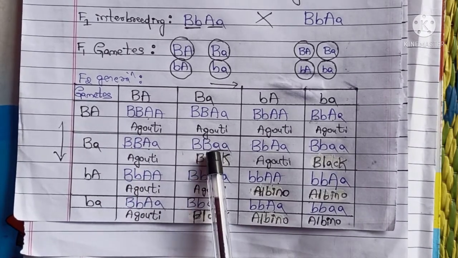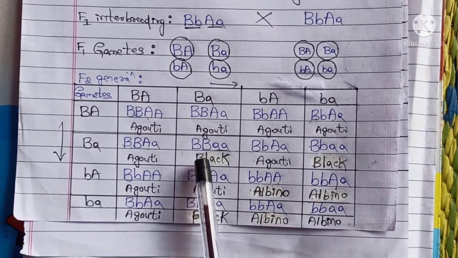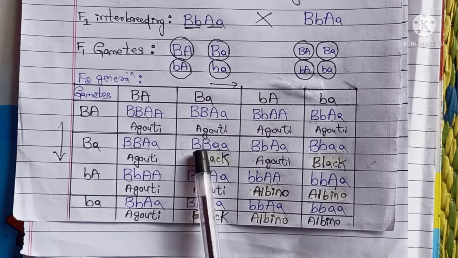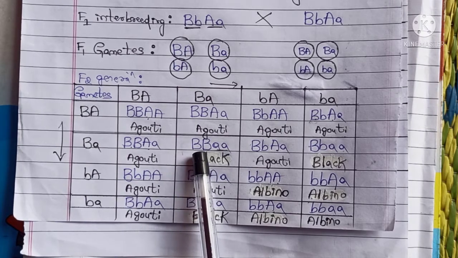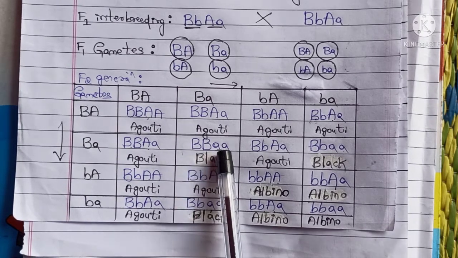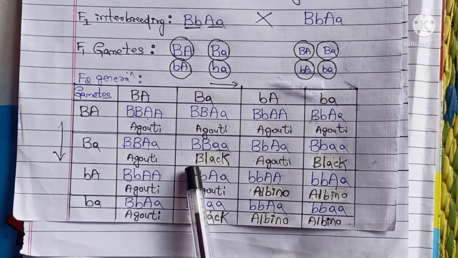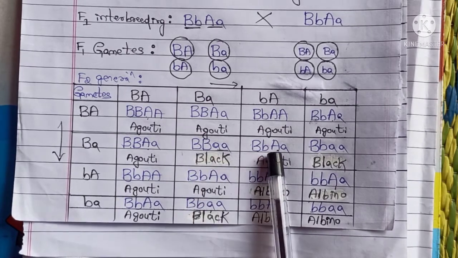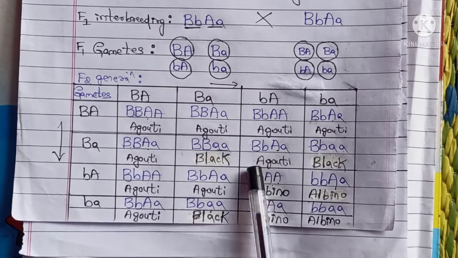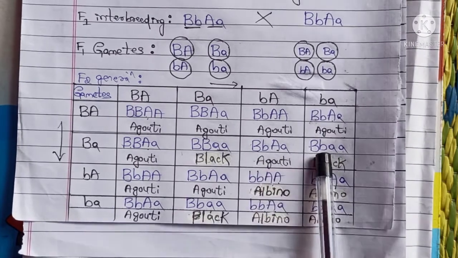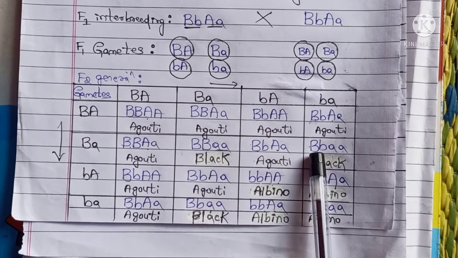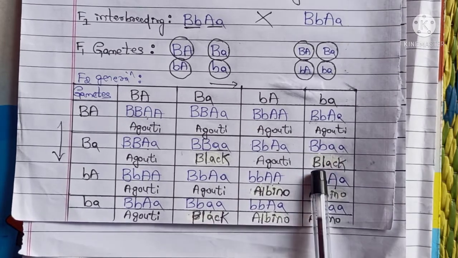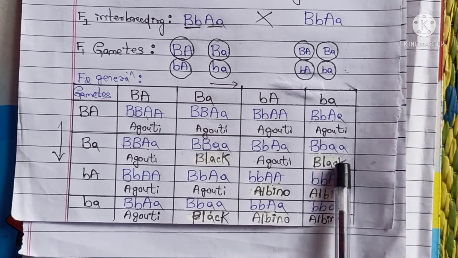Now here you can see that only capital B is present, therefore the color will be black coat. So only B gene is in the dominant condition, A gene is in the recessive condition, therefore black coat is expressed. Now here again capital B, capital A both are present, again agouti, no problem. Here also only B gene is dominant, but A gene is in recessive condition, therefore only black coat is expressed.